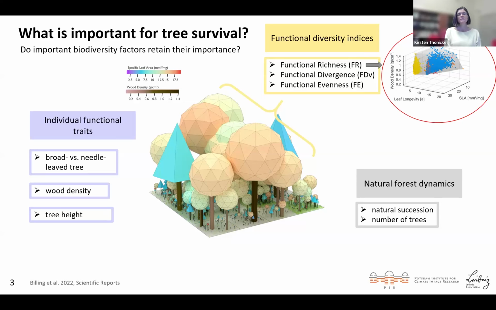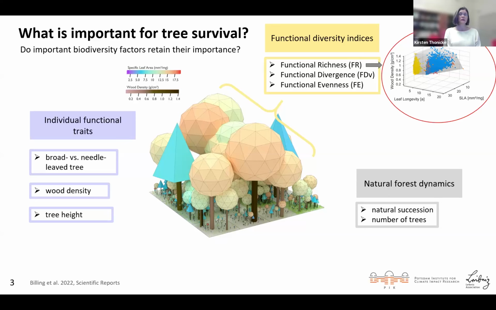The coloring of these point clouds illustrates different plant functional types. So you see many tree individuals that belong to a specific plant functional type, and we overcome this average individual monoculture.